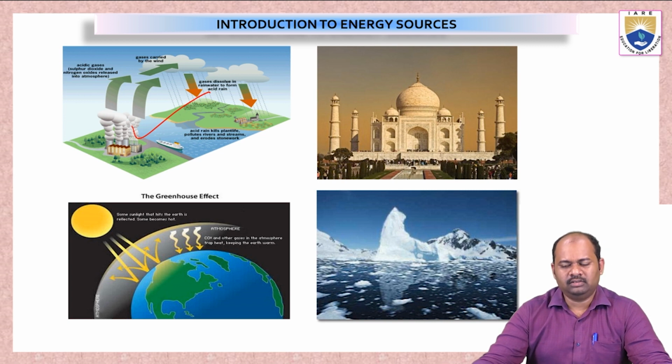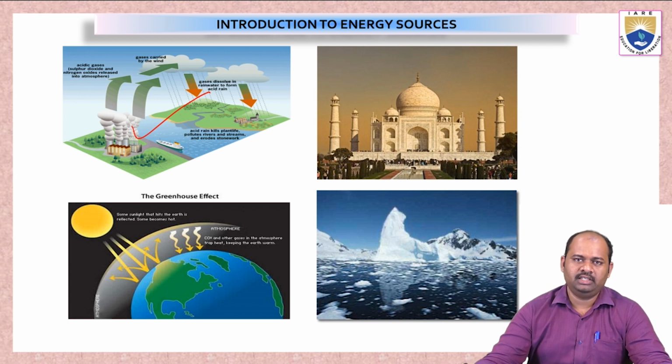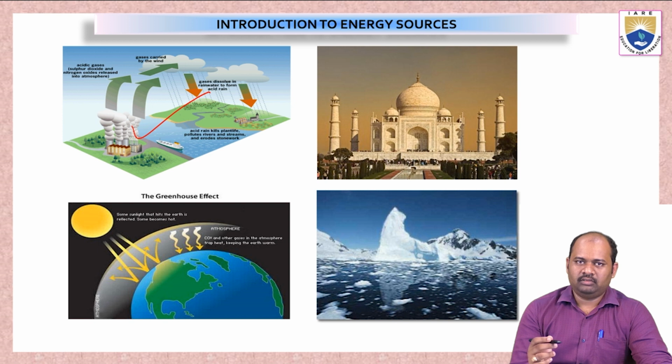So what are the effects of acid rain? When acid rain falls in a certain area, it will cause damage to anything placed under it. It can cause damage to iron, it can cause damage to human beings, and it can cause burns on human skin or animals.